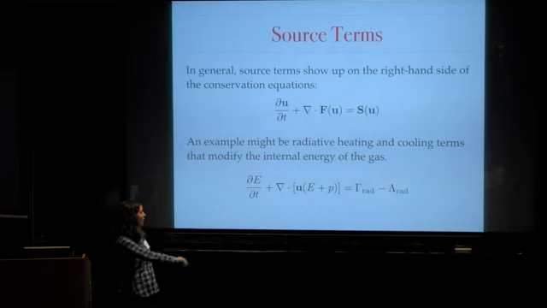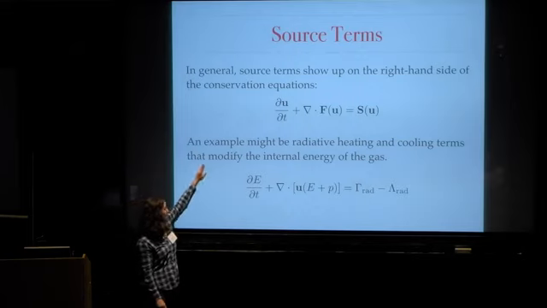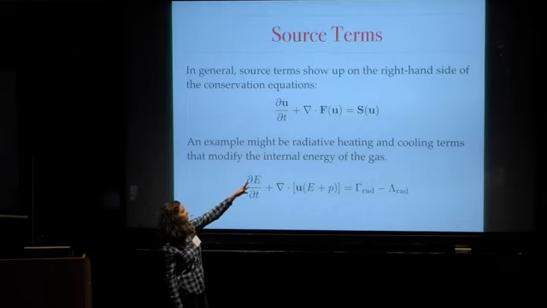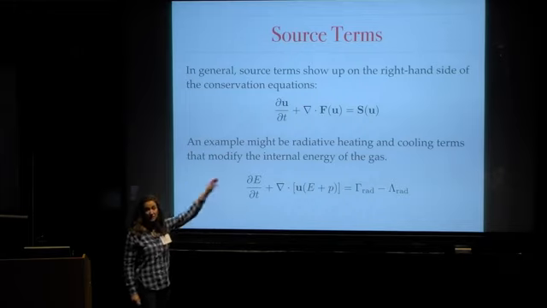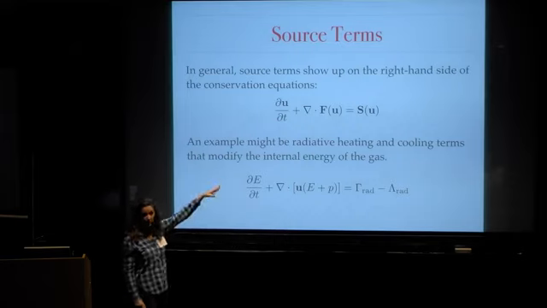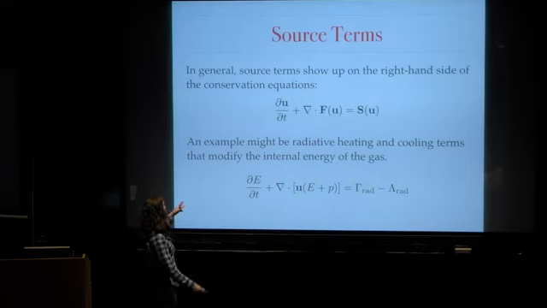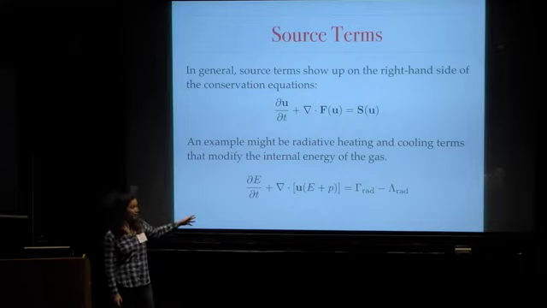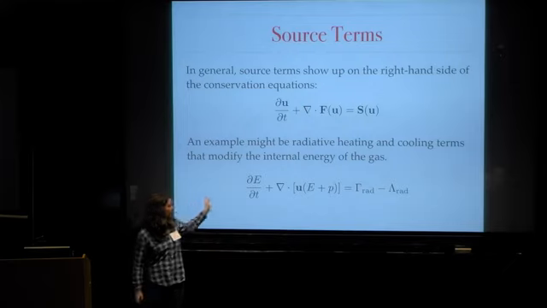Essentially all I mean by a source term in this formalism is something that shows up on the right-hand side of one of these conservation equations. So if this is my expression for flux conservation, then I have some source term. It can be a term in any one of the equations. An example might be radiative heating and cooling terms, which show up on the right-hand side in the energy equation.